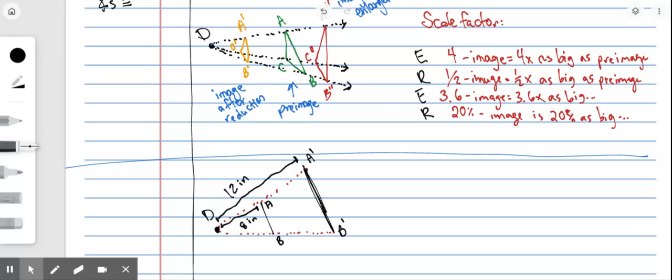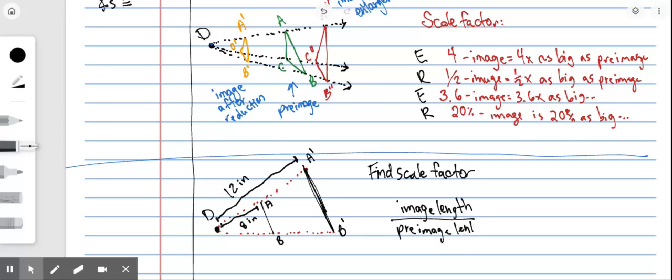So to find the scale factor, I compare corresponding parts of my images. So if I'm comparing these two things, I want to compare the corresponding parts of the image length divided by the pre-image length.